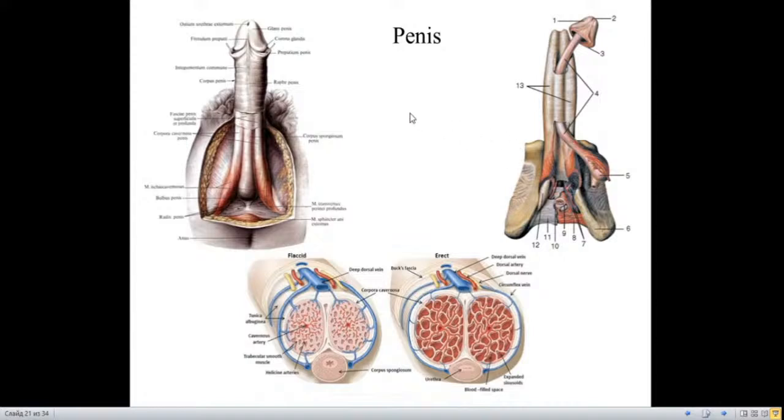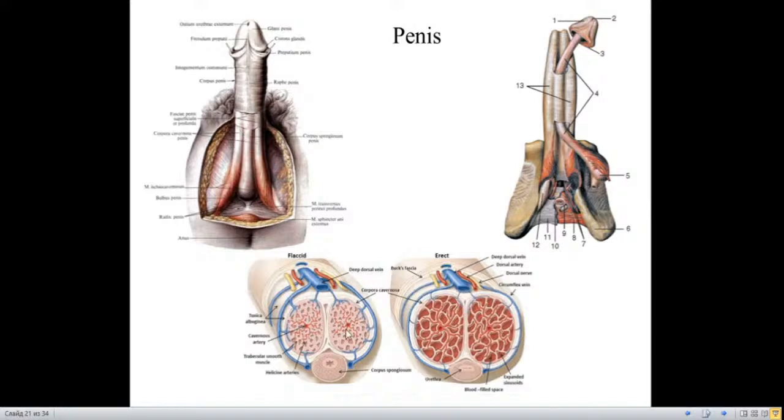One more external male genital organ is the penis. Internally it consists of 3 structures: the unpaired spongy body, corpus spongiosum, and the paired cavernous bodies, corpora cavernosa.